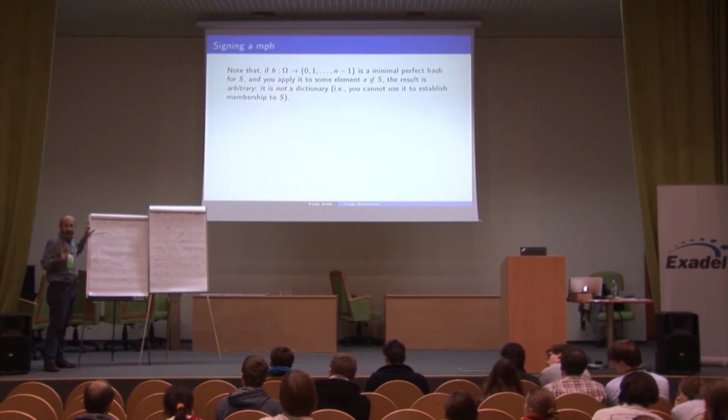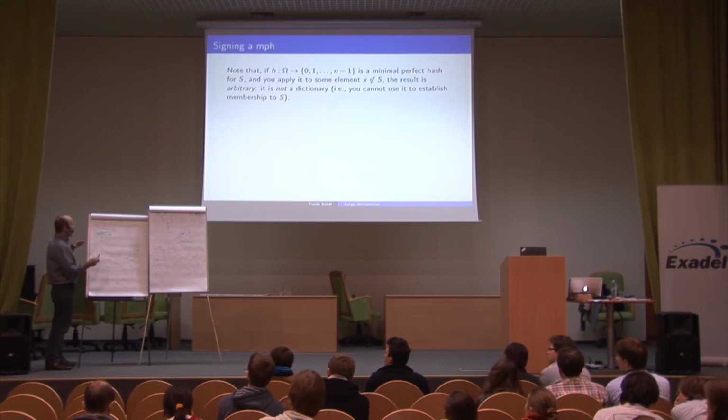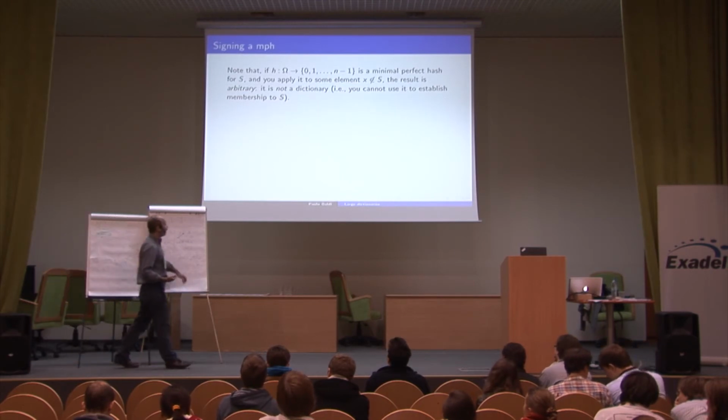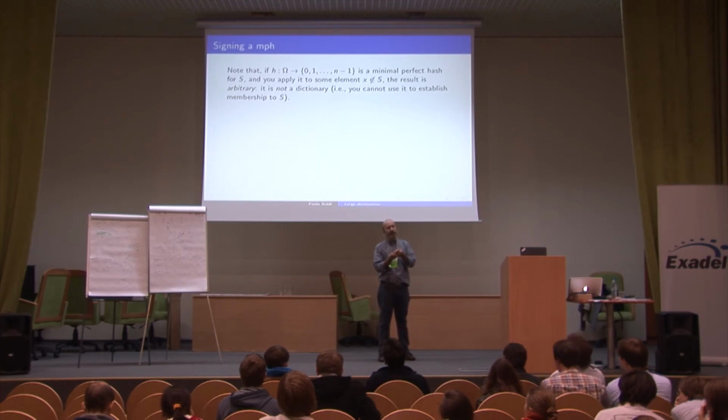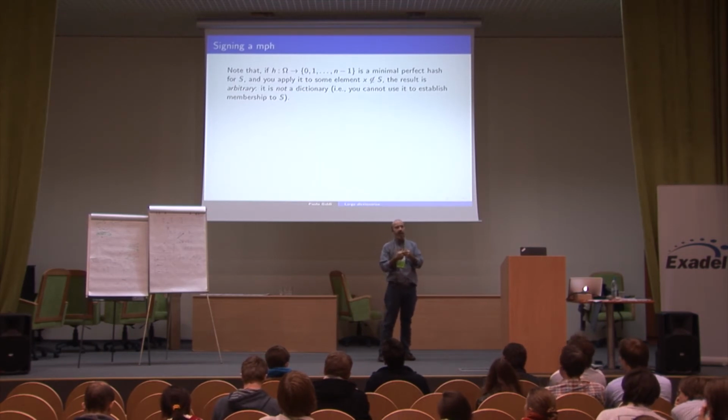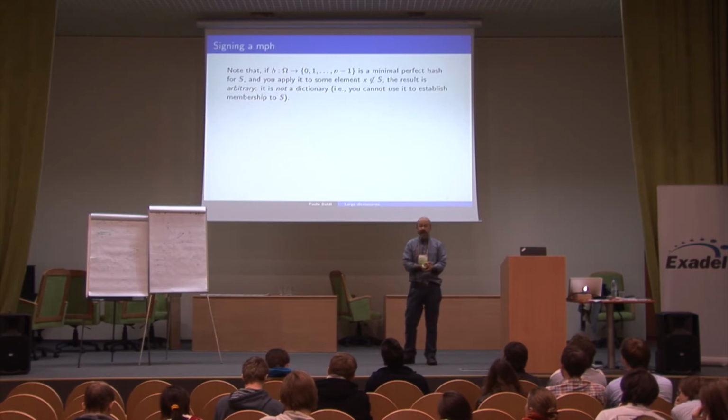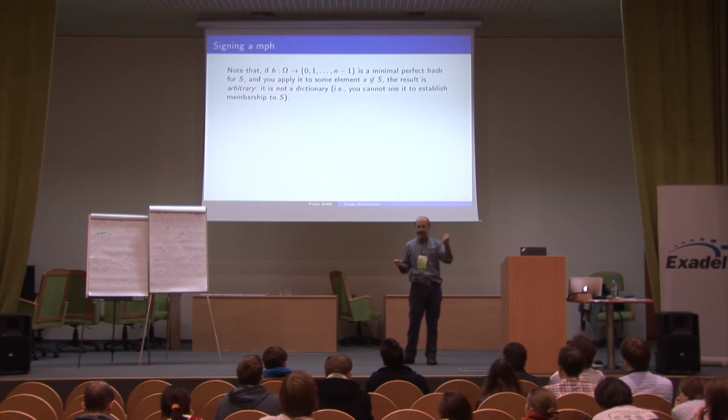Otherwise, you discard it. Now, there is actually a way to do the job by doing what is called a signature of the map. A signature of the map is a way to transform a minimal perfect hash into something else in such a way that if you try to apply it to an element that was not part of S, it will answer -1, which means this was not part of my domain.